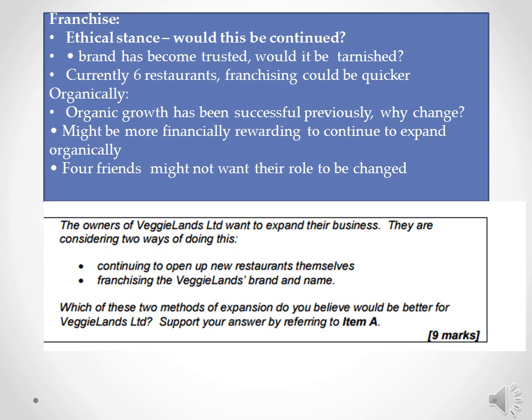So you'd be saying, currently Veggie Land Limited have ethical aims and objectives. A risk of going down the franchising route is that this could be watered down. It could not be as prominent as what it should be, and that's linking it to the case study. It mentions within the case study that the brand has become trusted. Could this be tarnished? Okay, so you'd say, right, the 4 owners have established a brand which has been trusted.